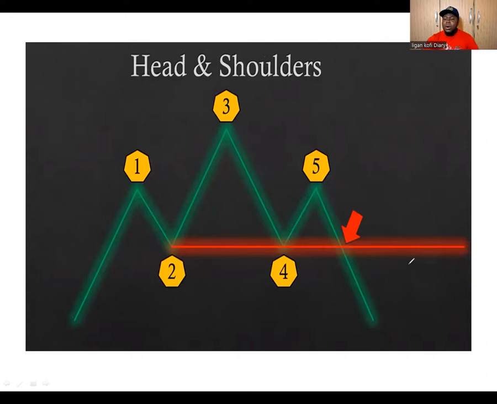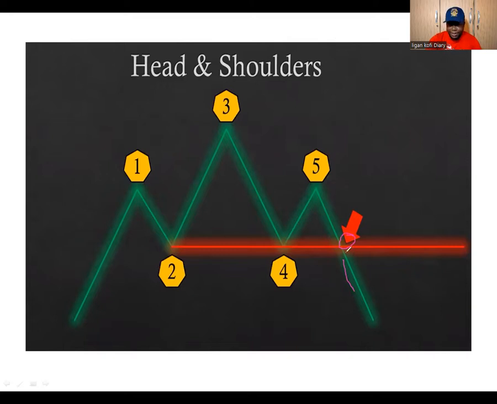Now, the question is, once it breaks through this neck over here, which is the 2 and 4, what do you do next? Should you take your trade over here, which is after the break, or what should you do? I will say no. Don't take your trade after the break. Okay? What do you have to do?